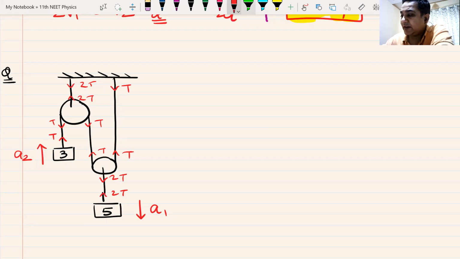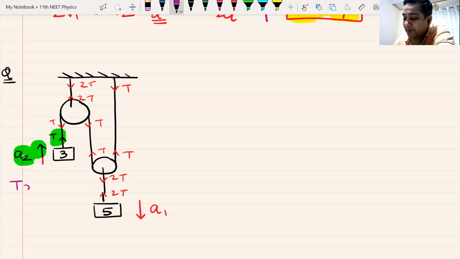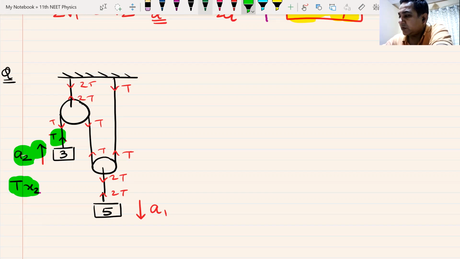Fatafat. Let us write the constraint relation. T is upwards, a2 is upwards. So this becomes T multiplied by x2. Let us write x2, T multiplied by x2. Green one. Then you have, this was a 3 kg block.